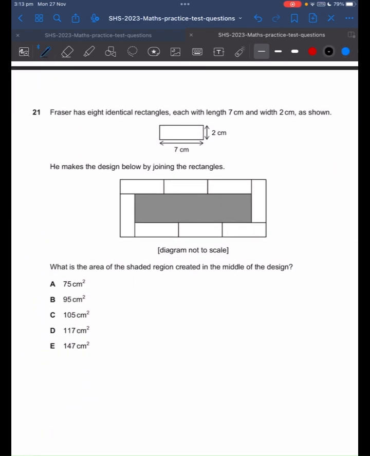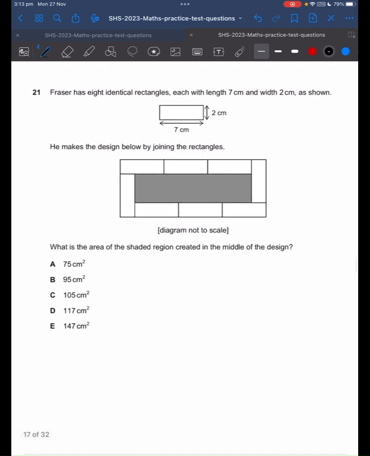Question 21. Fraser has 8 identical rectangles, each with length 7 and width 2 centimeters, as shown. For this question, let's break it apart. Let's cut it up like this, and like this.